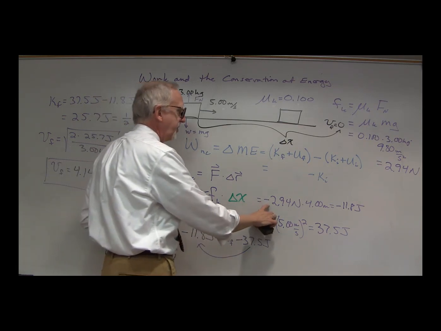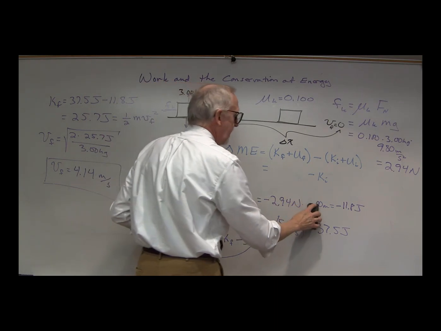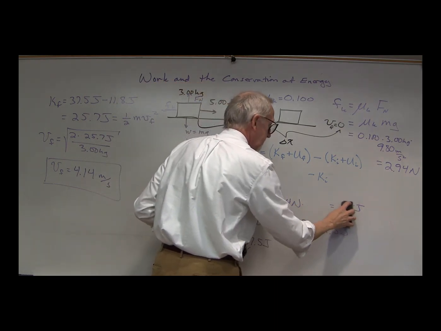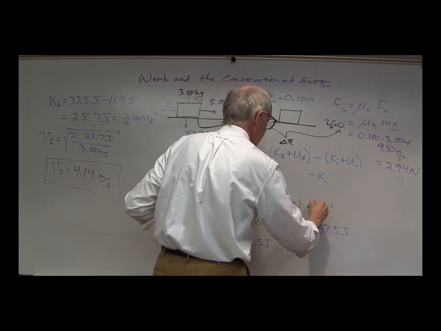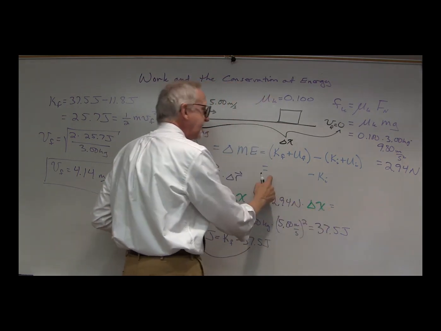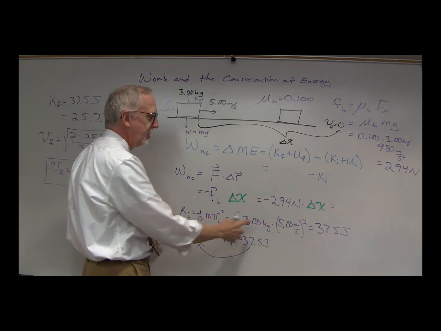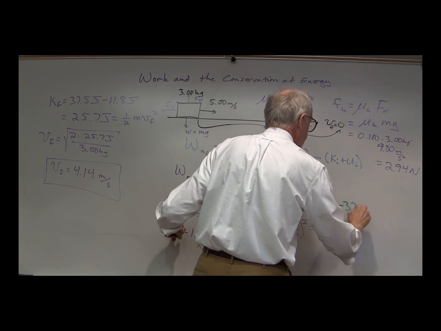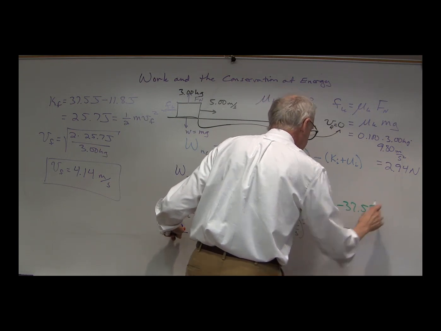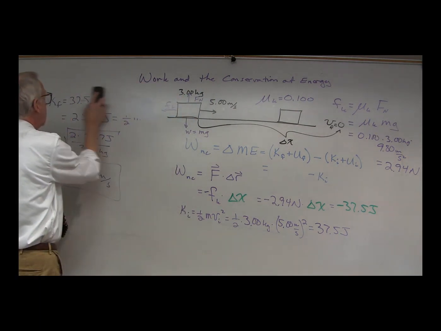And we'll end up with negative 2.94 newtons, that's still the frictional force, times delta x. But that must now equal the negative of our initial kinetic energy. And the initial kinetic energy is 37.5. So this must be negative 37.5 joules.